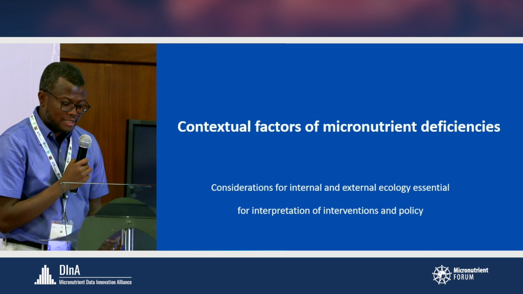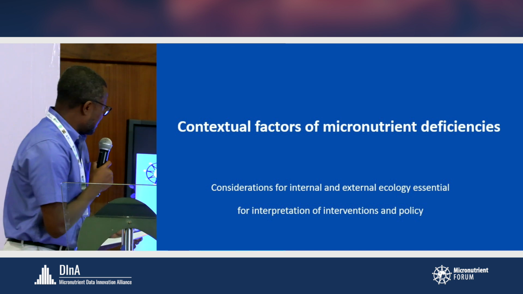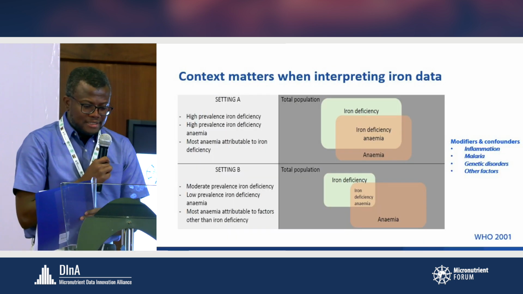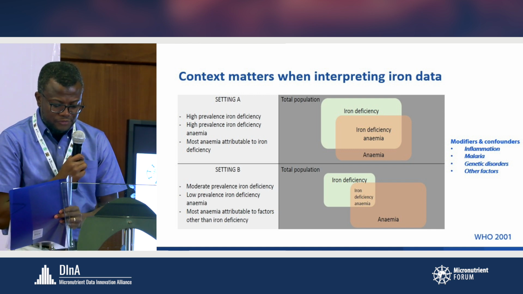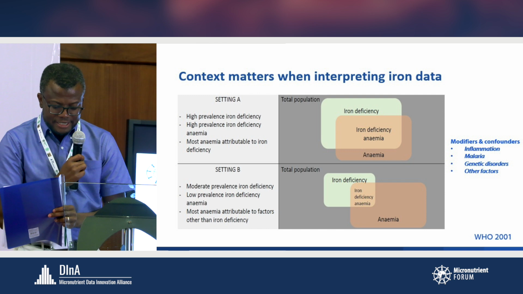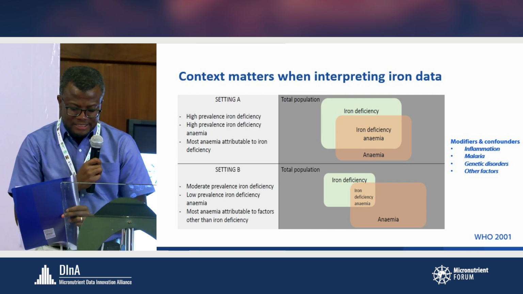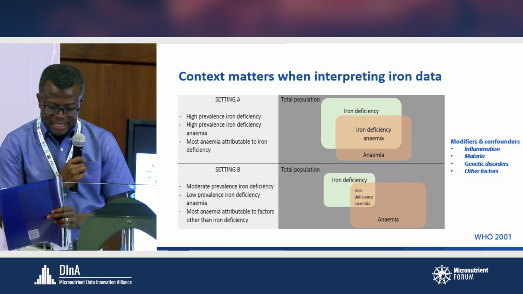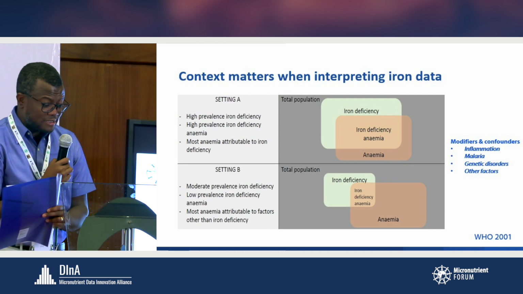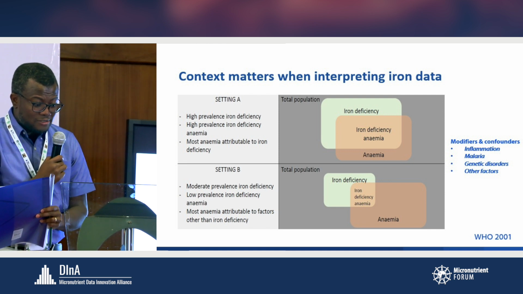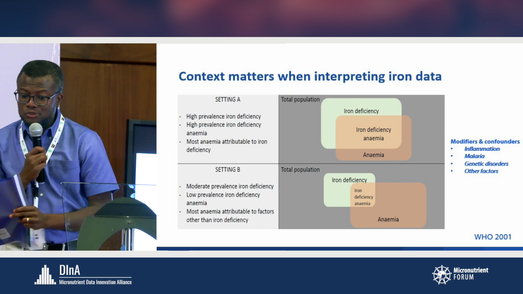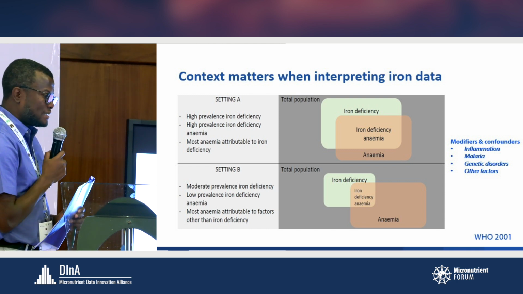That's one thing we always consider. This diagram we pulled from one of WHO's publications, Iron Deficiency Anemia Assessment and Prevention, a report published in 2001. It's very pertinent to what we do here and what we are discussing.